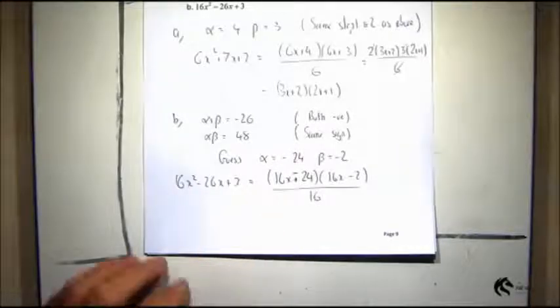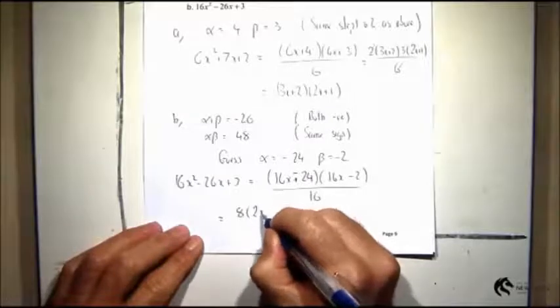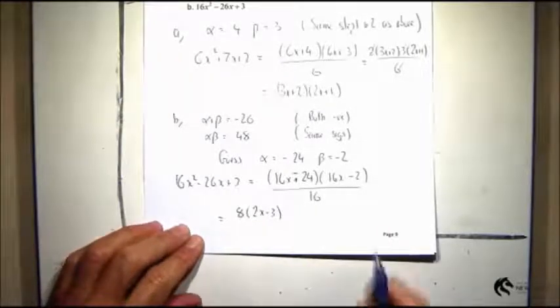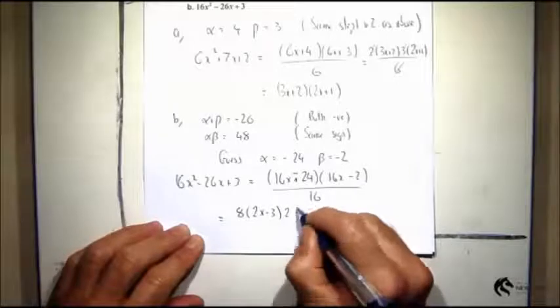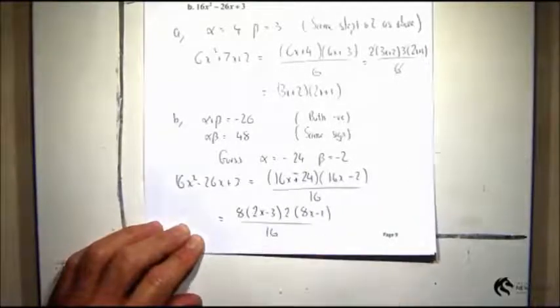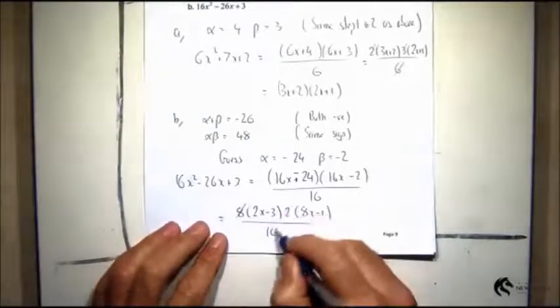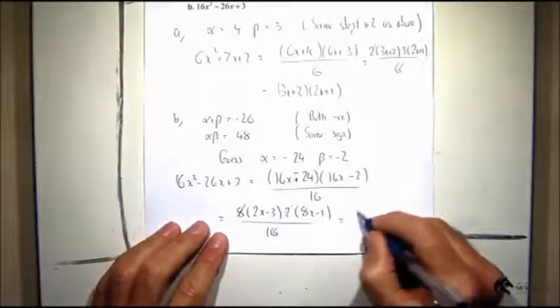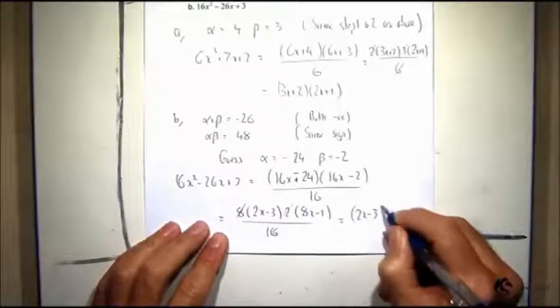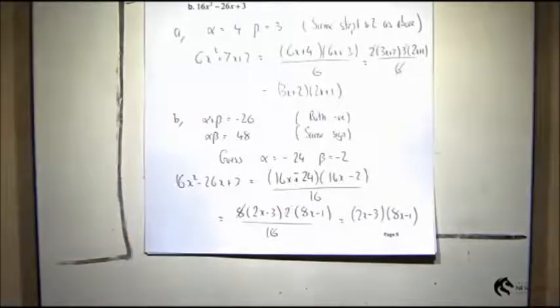In the first bracket, I can see that 8 is a common factor, and that will leave me 2x minus 3. In the second bracket, I can see 2 is a common factor, that leaves me with 8x minus 1, all on 16. 8 times 2 is 16, and so this becomes 2x minus 3, 8x minus 1, and there I have managed to factorise that quadratic trinomial.